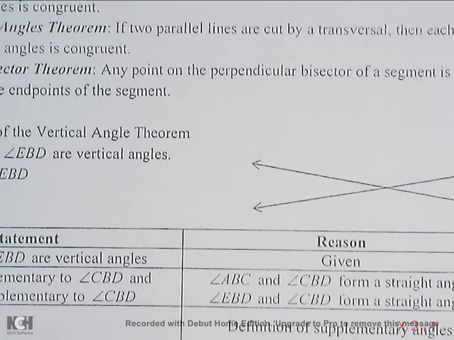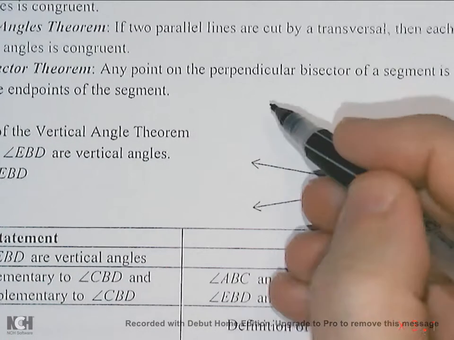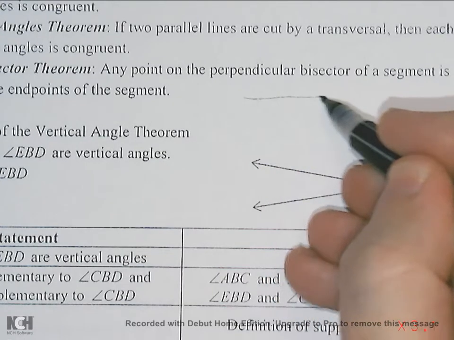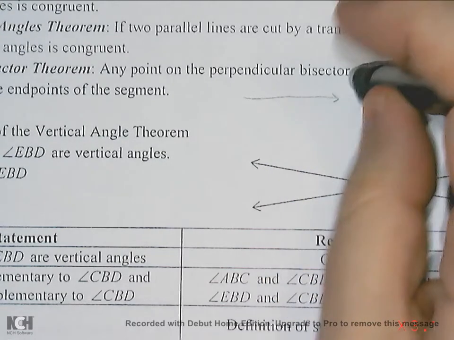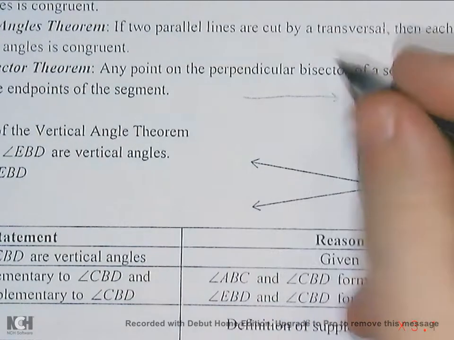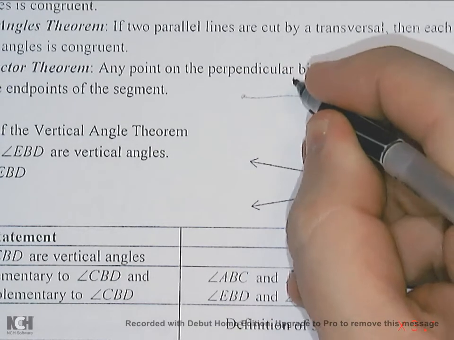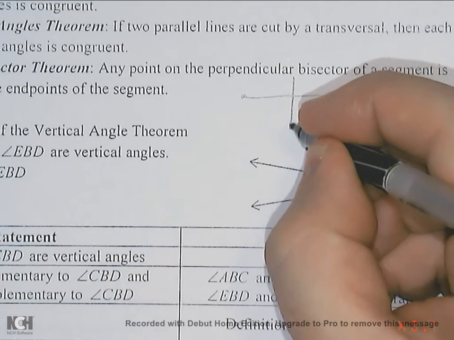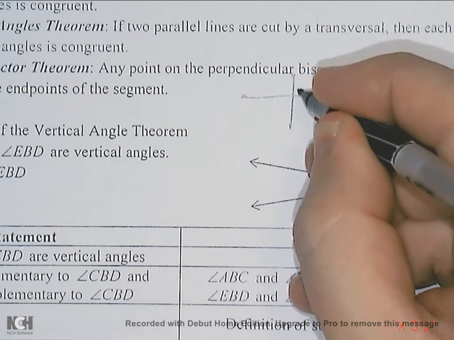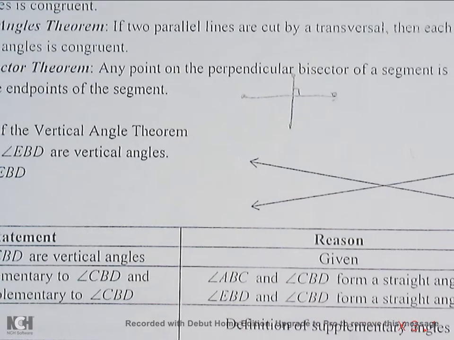And then a perpendicular bisector theorem. You guys haven't necessarily heard this one before, but you should know what a perpendicular line is, right? So if I have a line segment, and I have a line that intersects it perpendicularly, like that, that means it's intersecting at 90 degrees, right?